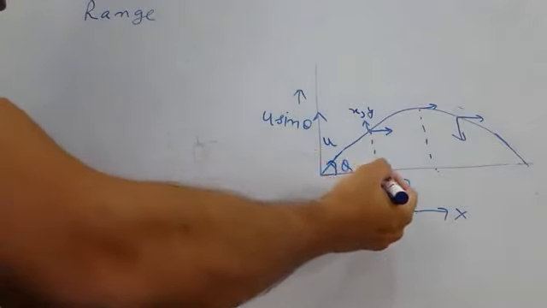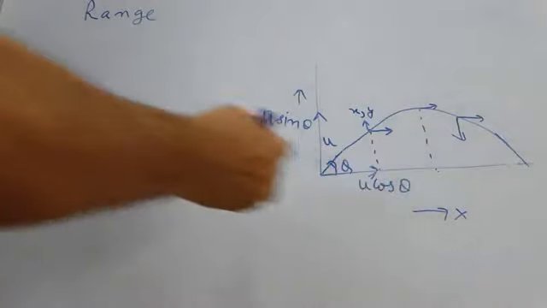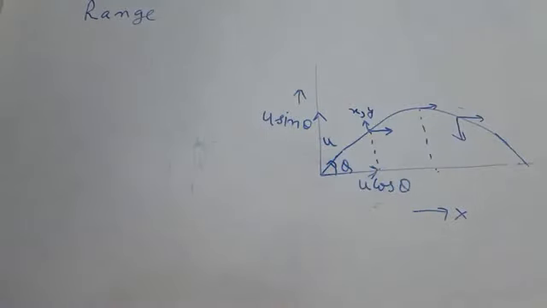Component along this direction is u cos theta, and there is no opposing force. We are neglecting air resistance. So that component will remain u cos theta throughout its motion. And we know the time of flight. So if I multiply that horizontal component with the time of flight, then I will get the total distance.